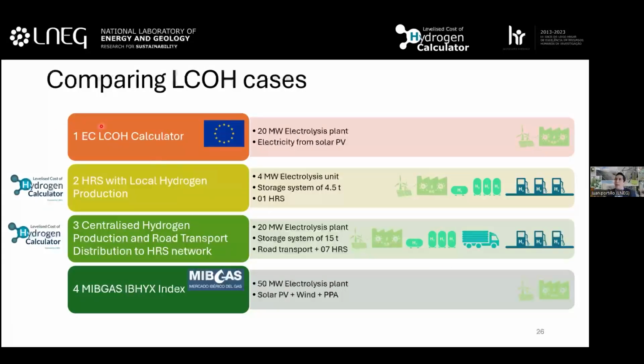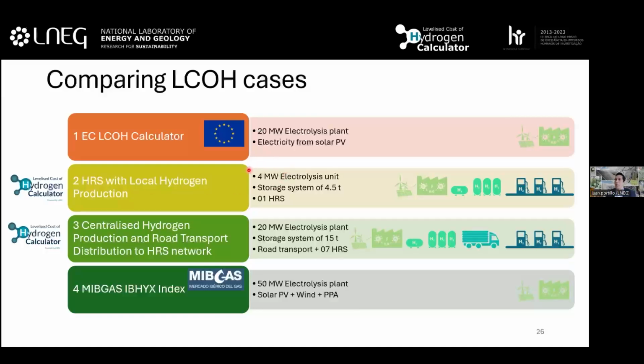In the first one, we use the European Commission levelized cost of hydrogen calculator, and there are some specific data for Portugal that are associated to a 20 megawatts electrolysis plant, and the electricity in this case, for the case A, as we name it, and we will see in the next slides, comes from a solar PV source.